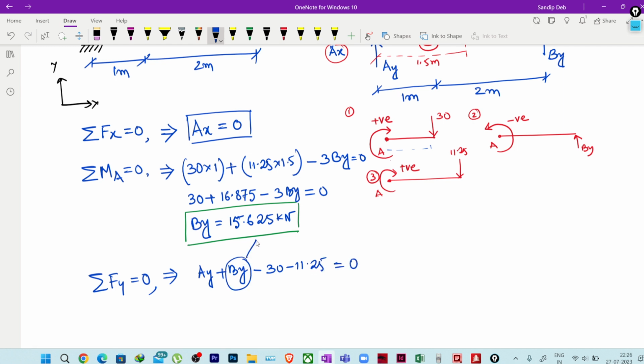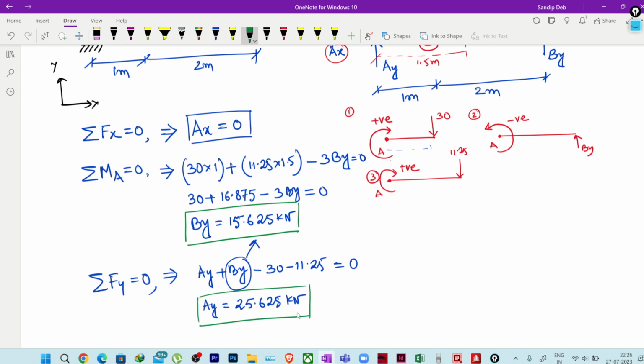By we know is 15.625, so if we replace this, we get Ay equal to 25.625 kilonewton.